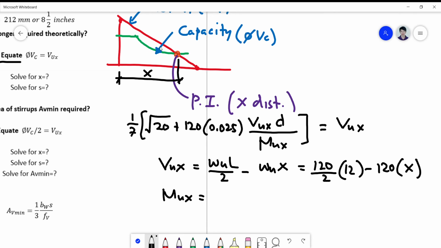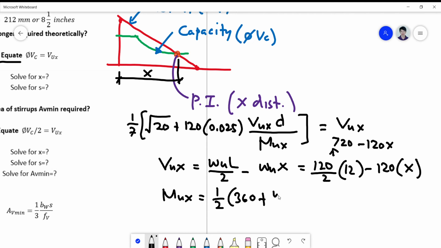Okay, so what's the area of this diagram? So this is the trapezoid, 1/2 360 plus VUX. So how do you simplify this? This is 6 times 120 is 600 plus 120 is 720 minus 120x.